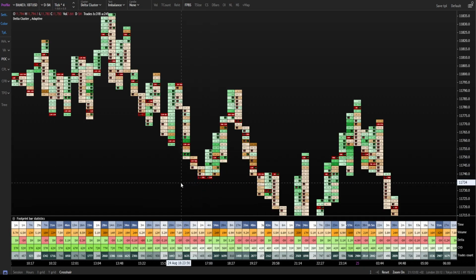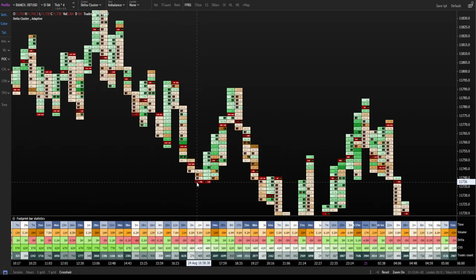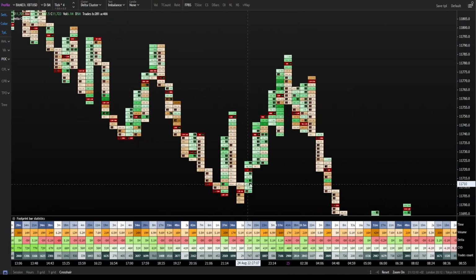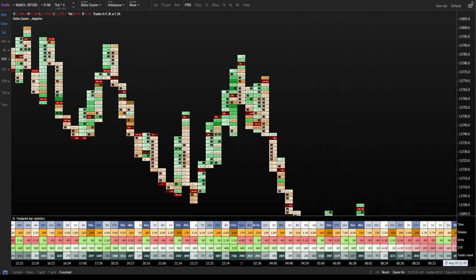And of course, probably this was some kind of key level that got approached, and then you got a little bounce off of that, but then you just continued downwards. So time and trade counts, especially for the delta chart type, is extremely helpful.